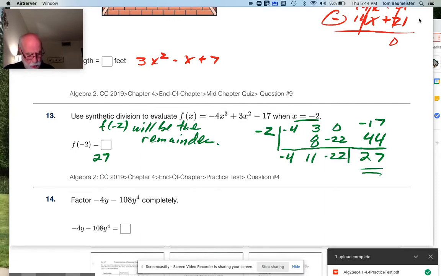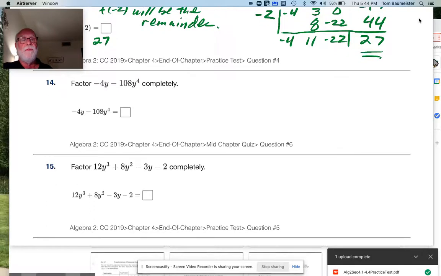All right, 2 more here. I made it a 15 problem test, so hopefully that'll help you factor completely. So on this one right here, again, you have to look and see what you think is in common in both of them. So when I factor it completely, I should have a negative 4y here, and so is 108 divisible by 4?